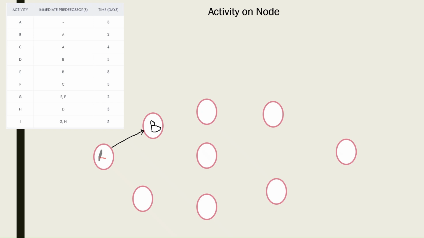Now suppose I am going to first erase this. Now suppose I want to draw the activity on arrow diagram. Now how is it going to be done? So first I will draw the arrow, and then I mention my activity name on the arrow.